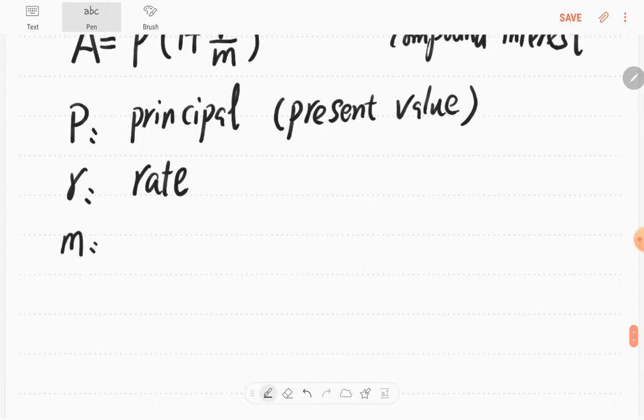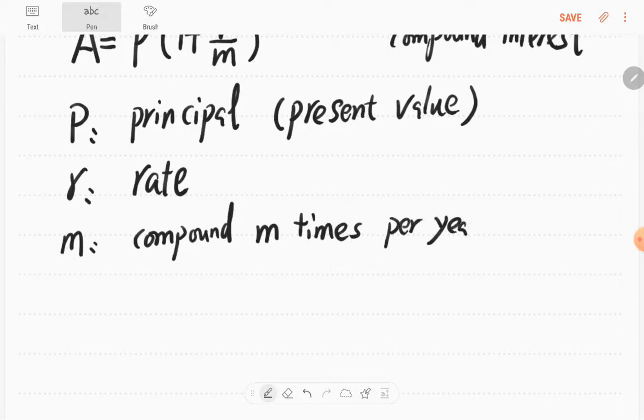M means we compound M times per year. At the end of each period, the interest will be calculated and added to your original principal to get a new principal.